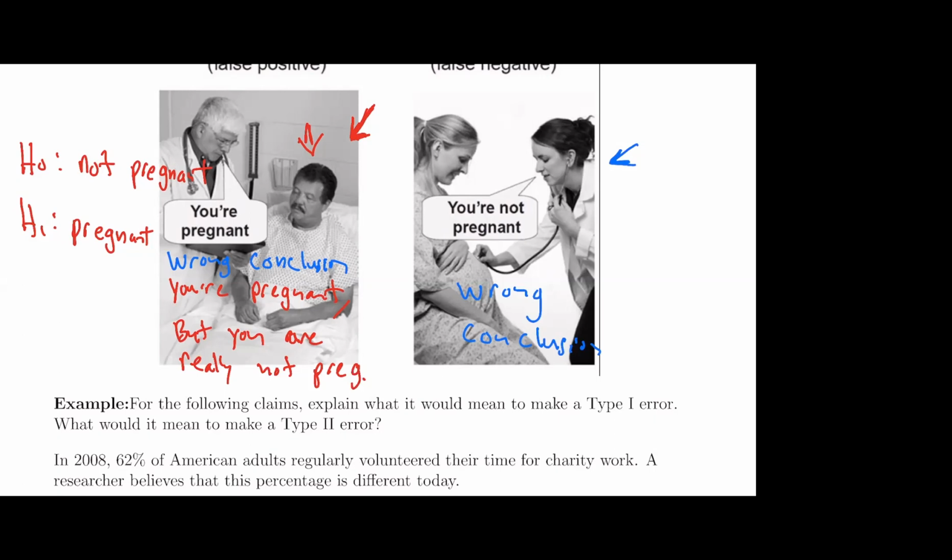Well, for this one, the type 1 error will actually be the male. In the male, we reject the null hypothesis because the doctor concluded that the male was pregnant when the male was actually not pregnant. So going strictly on the definition of type 1 error, if you conclude the alternate hypothesis when the null hypothesis is true, that's a type 1 error.